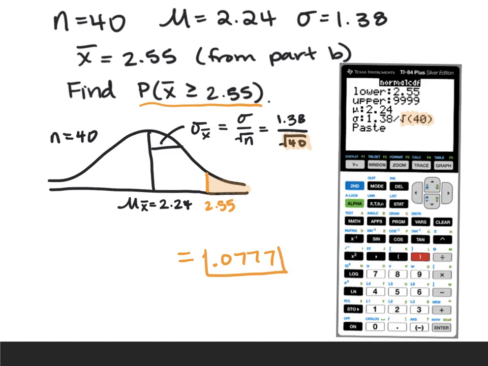So there we go. That's our probability of getting this high, having 2.55 televisions or more from a random sample of 40 households. So what's the probability of getting that value like we got in Part B?